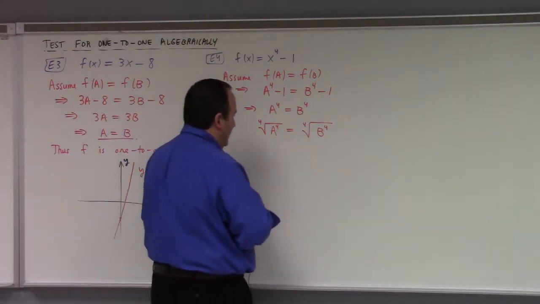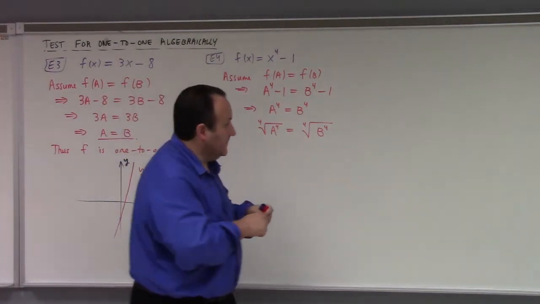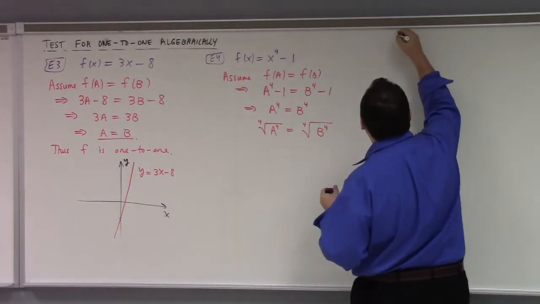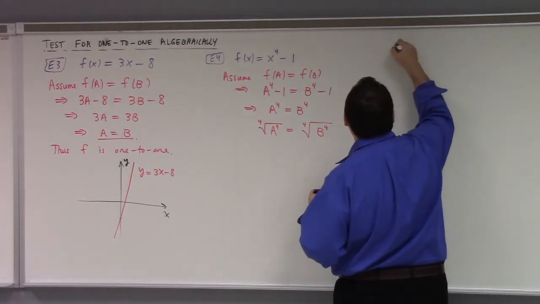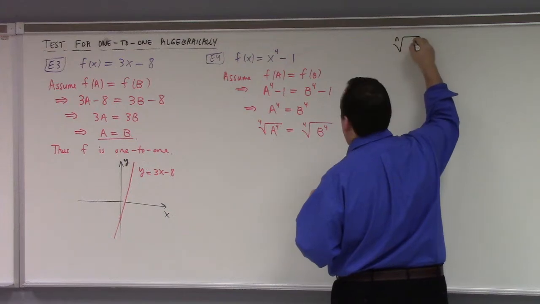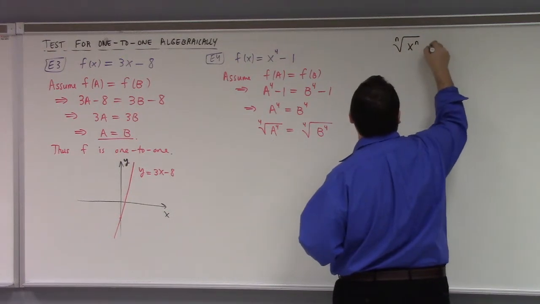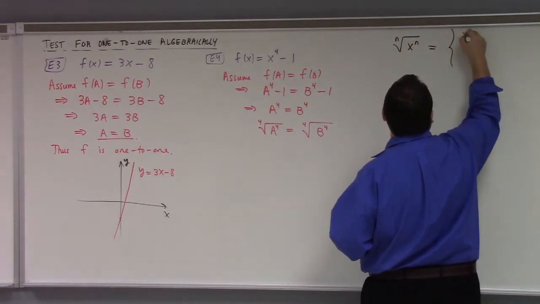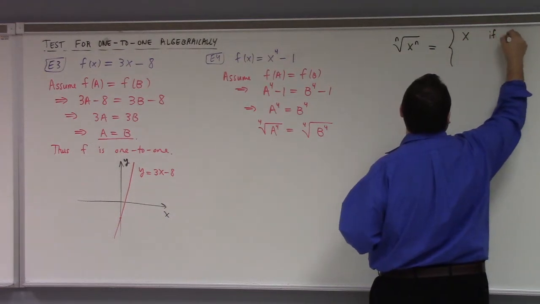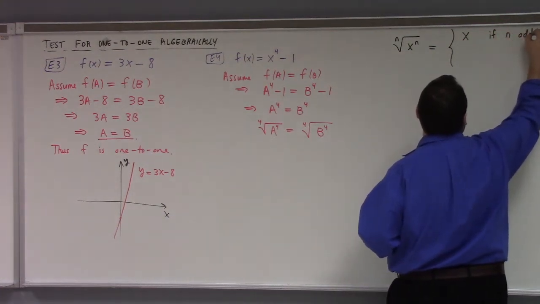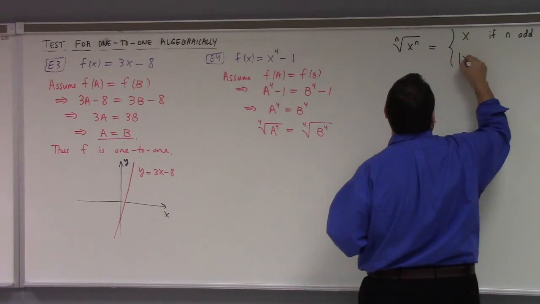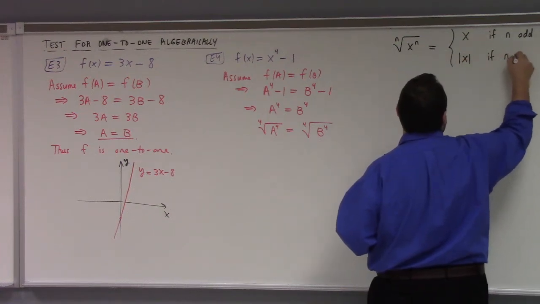We might be tempted to think it gives a equals b, but it does not. Let me remind you. Here's the deal. The nth root of x to the n is equal to two things. It's equal to x if n is odd. It's equal to the absolute value of x if n is even.